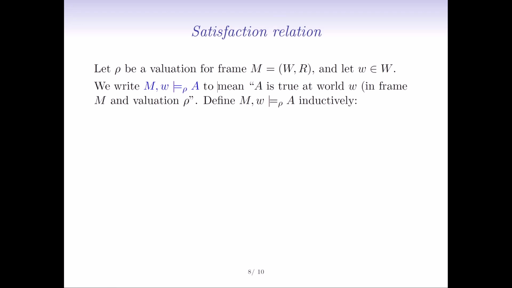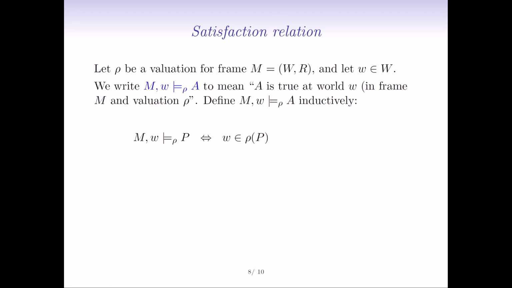So this is very similar to the first order logic notation, except that now we're parameterizing by saying we have a concept of which formulas are true at which worlds. As before, we're going to define this relation inductively on the structure of modal logic formulas. So first of all, and most importantly, what does it mean for a proposition letter P to be true at world w?